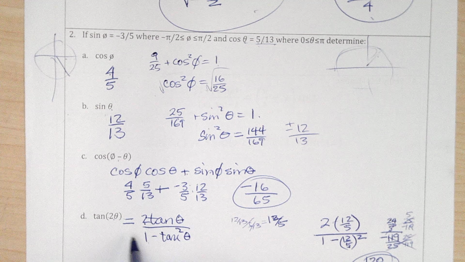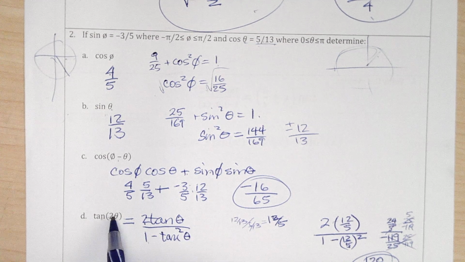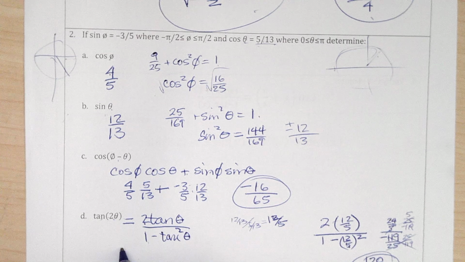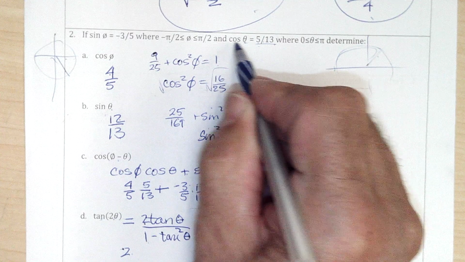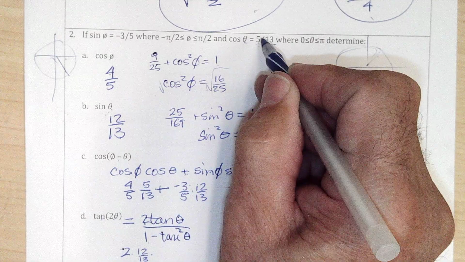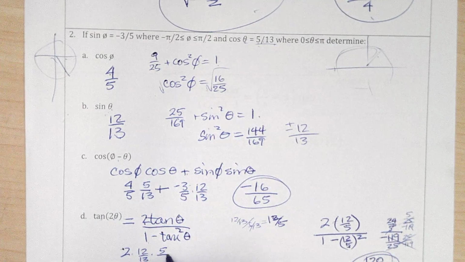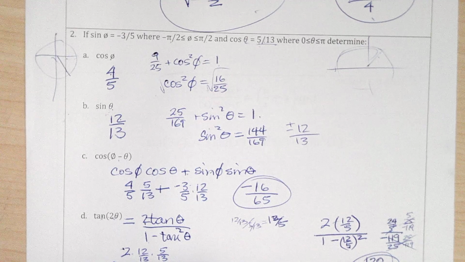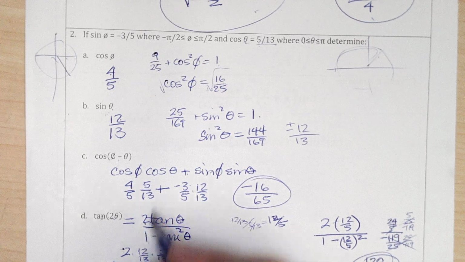Now you could have done this as the sine of 2 theta, which is 2 sine theta times cosine theta, over cosine of 2 theta, which is cosine squared minus sine squared.